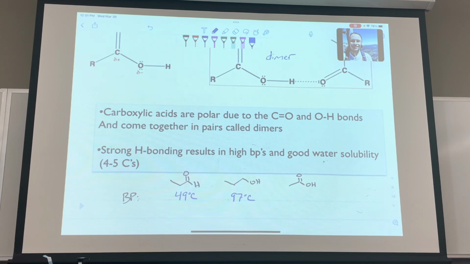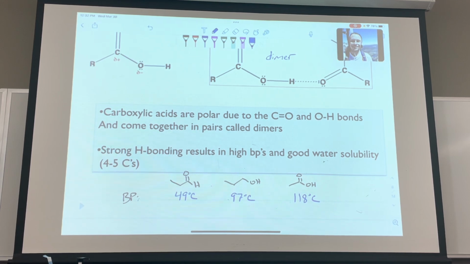They can hydrogen bond as well, but because of that strange dimerization they undergo, they're held together by 2 hydrogen bonds, not 1, and the boiling point is even higher at close to 120. So carboxylic acids among the functional groups have some of the highest boiling points if you're comparing apples and apples.